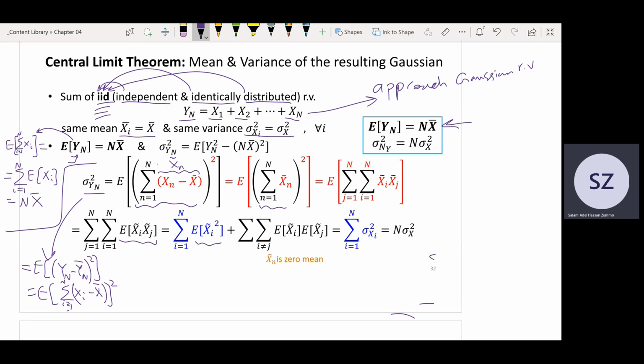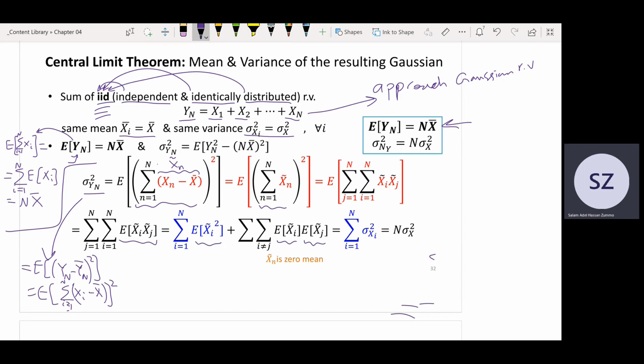And we have the other case, where i is not equal to j, with a double summation. In this case, this will be equal to the expected value of xi tilde multiplied by the expected value of xj tilde. We did this because they are independent, as we will see in chapter 5 on joint moments. This was separated into the expected value of xi and xj because they are independent.